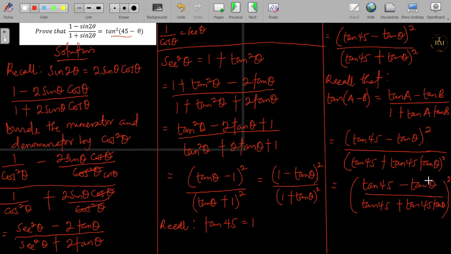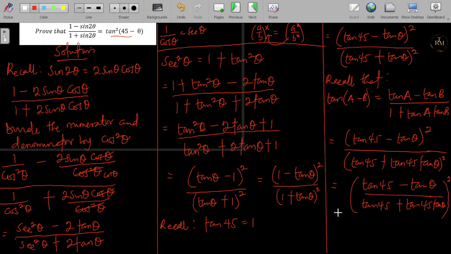Because the square here can affect what I have at the top and at the bottom, which will give me back what I have here. According to my knowledge of indices, the rule says that if I have a over b all to the power of x, it's the same thing as a to the power of x divided by b to the power of x. So from here now, I'm going back to what I have here.